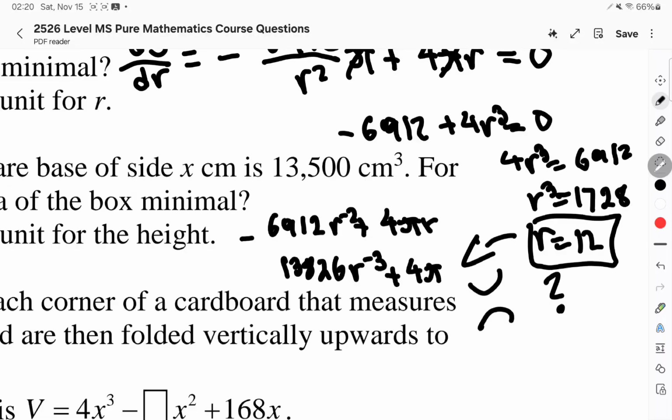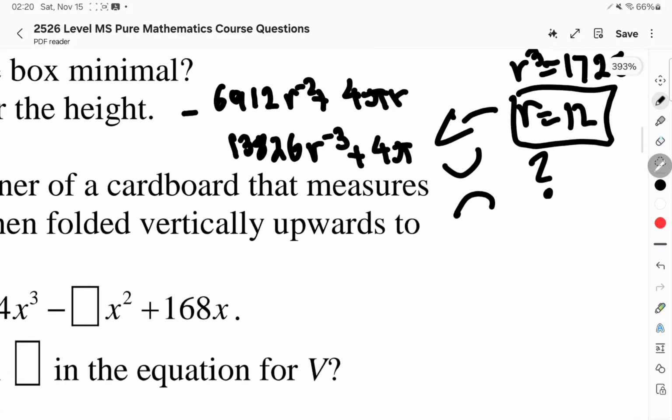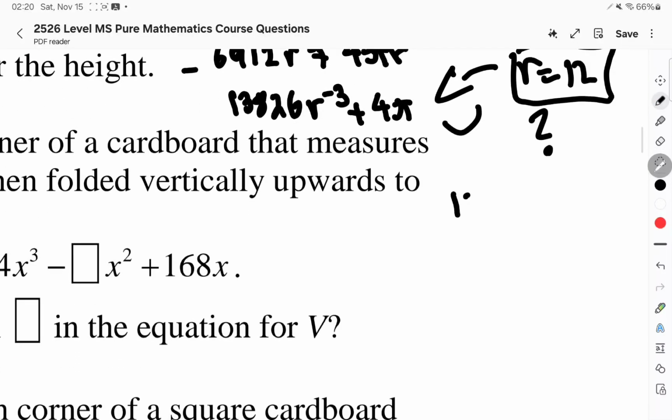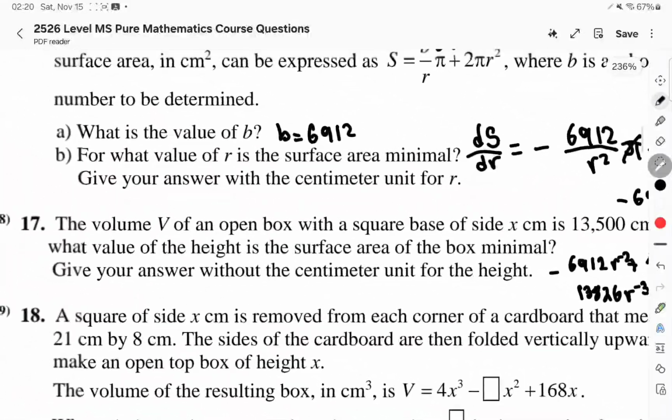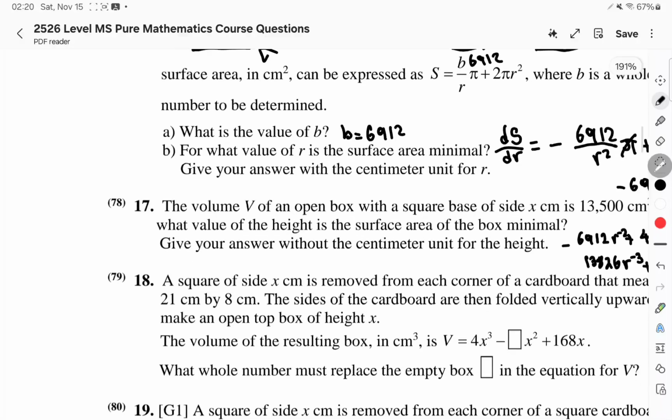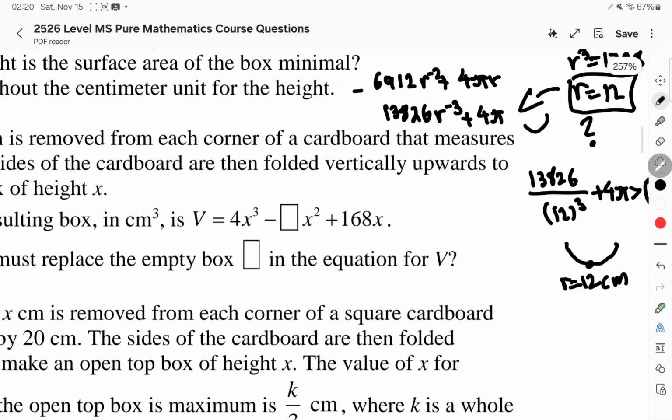So I put it in here, 13824 multiplied by 12 to the power of minus 3 plus 4 pi. This shows that 13824 over 12 cubed plus 4 pi is greater than 0, meaning that it is concaving upwards, meaning that r equals 12 is a minimum, which means we already proved our r equals 12 is our minimal, and they want us to include centimeters, so we put centimeters.